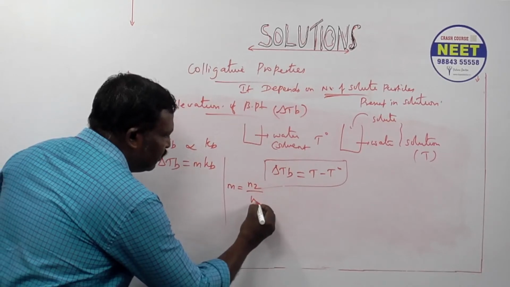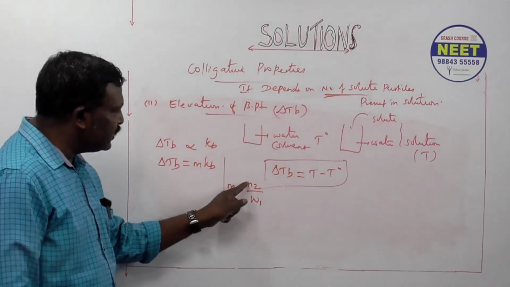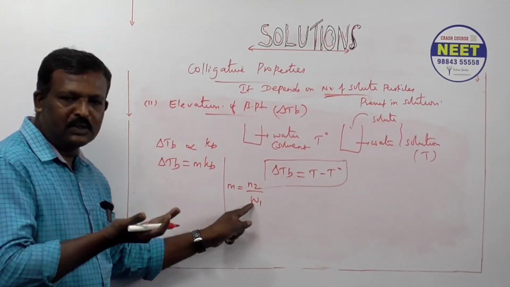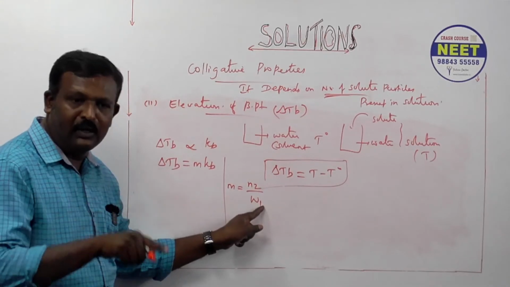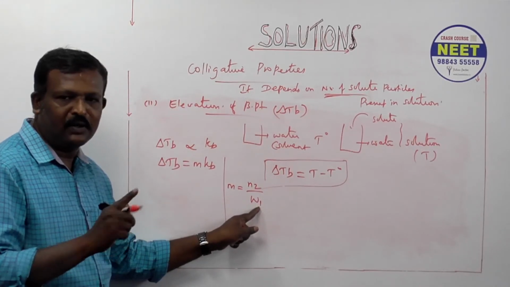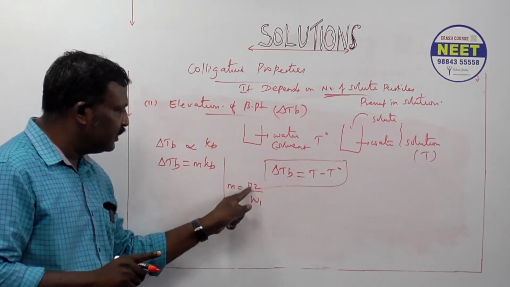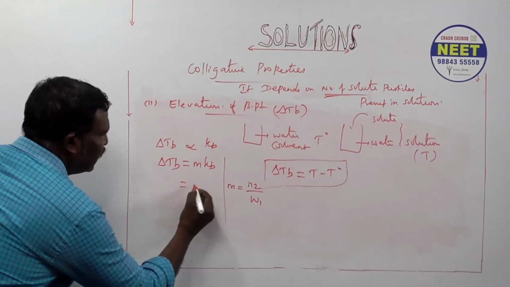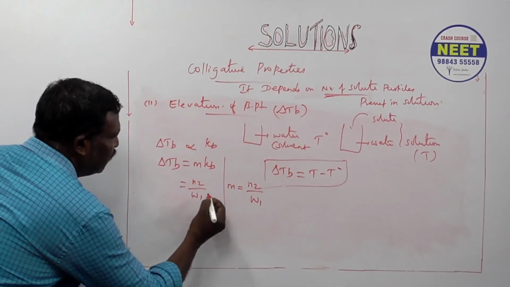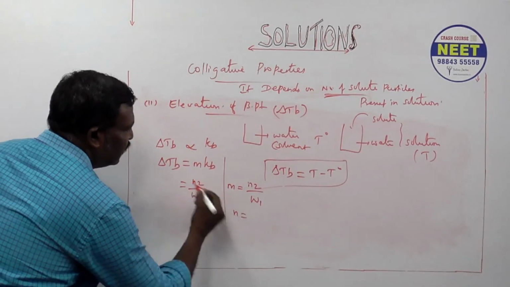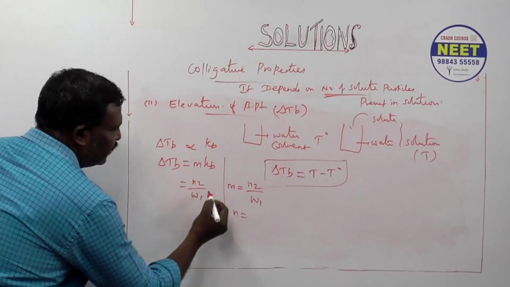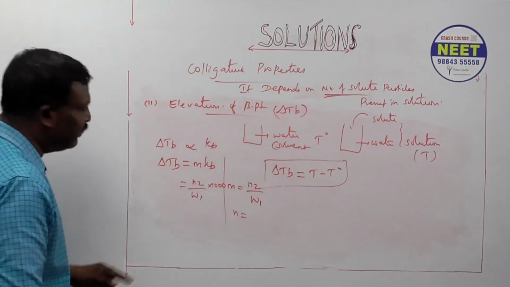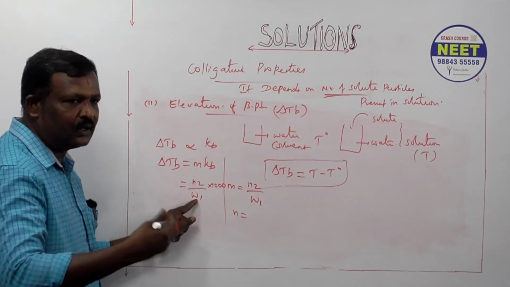Number of moles of solute is n2, and mass of the solvent is W1. For mass of solvent in kilogram, you put 1000 in the numerator. If 500 gram is given, convert to kilogram, 500 by 1000.